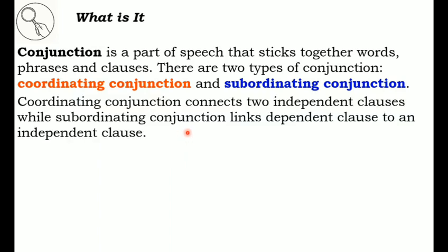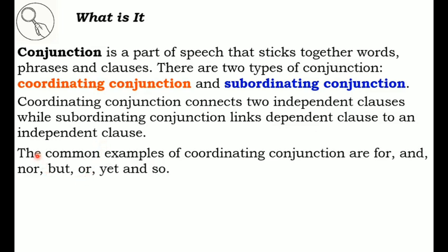Now, coordinating conjunction connects two independent clauses, while subordinating conjunction links dependent clause to an independent clause. Okay. Now, the common examples of coordinating conjunctions are for, and, nor, but, or, yet, and so. Ito rin yung tinatawag natin na fanboys. Okay.